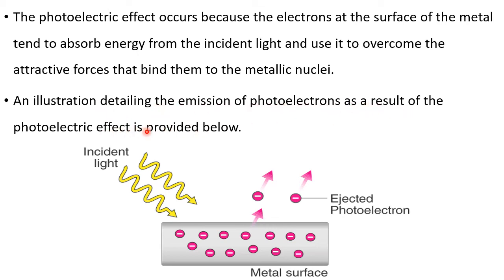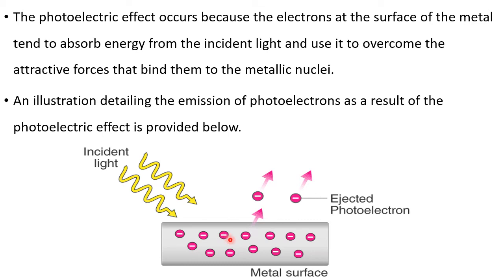You see, this is a metal surface. Let it be sodium or potassium or cesium or rubidium or magnesium or calcium. Okay, so one sample. They contain electrons, right? Now electrons have an attractive force with the nucleus. So that means they have some attraction force.